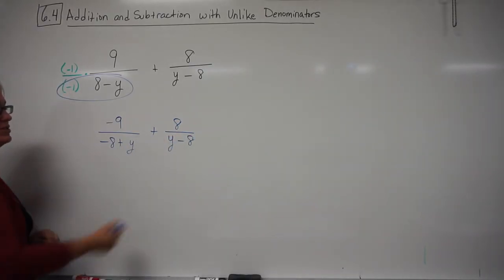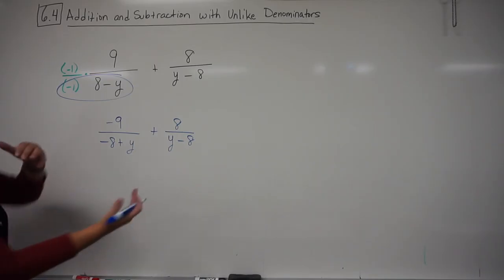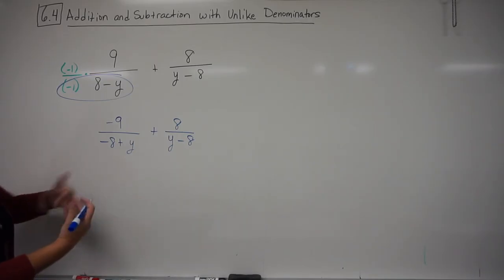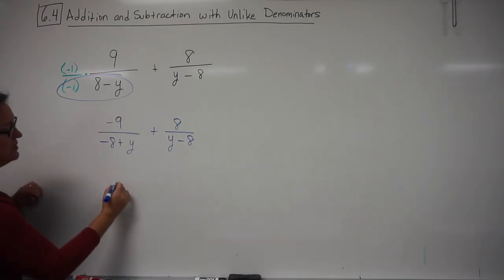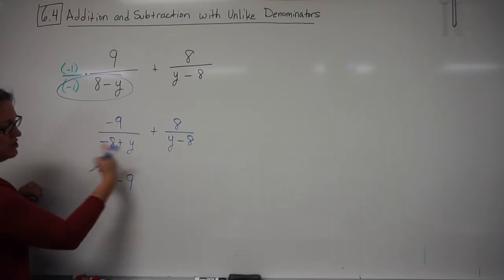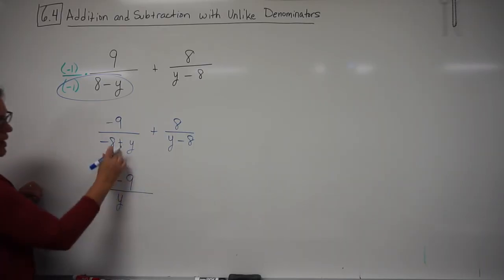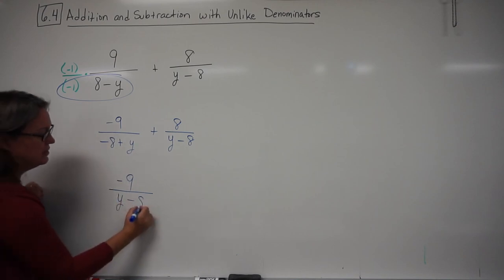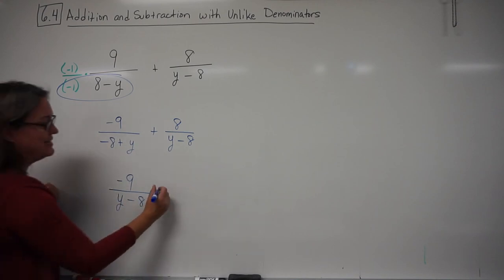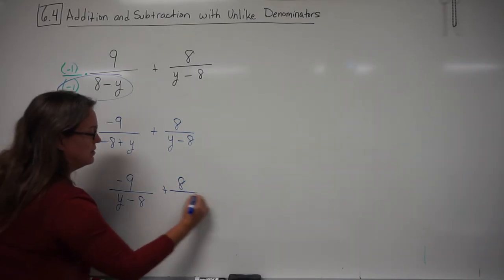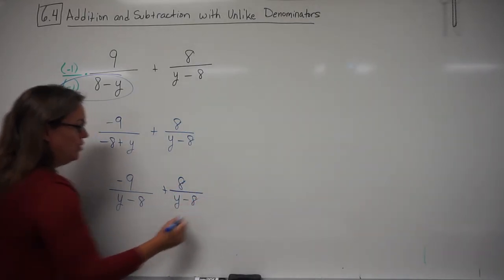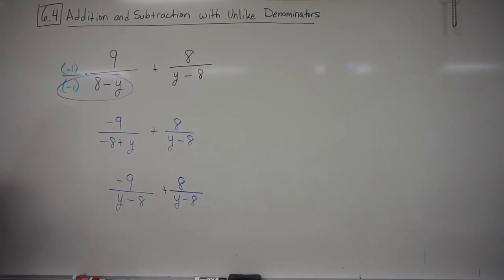Now our denominators match. They might not look like they match because they're in a different order, but we can rewrite that. We could say, hey, this is addition. Let's use our commutative property and switch the order. This is y plus negative 8, which is the same as y minus 8. Oh, well now the denominators totally match.